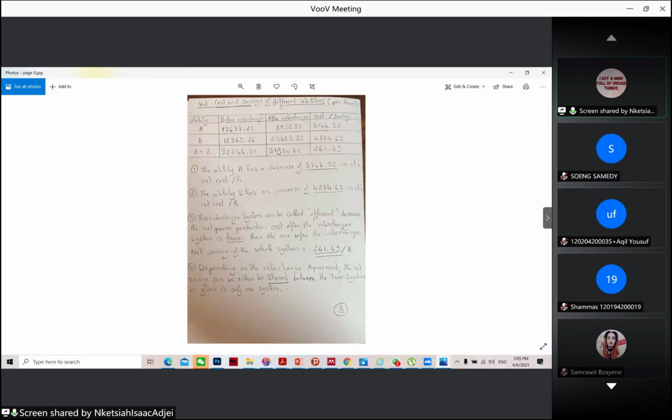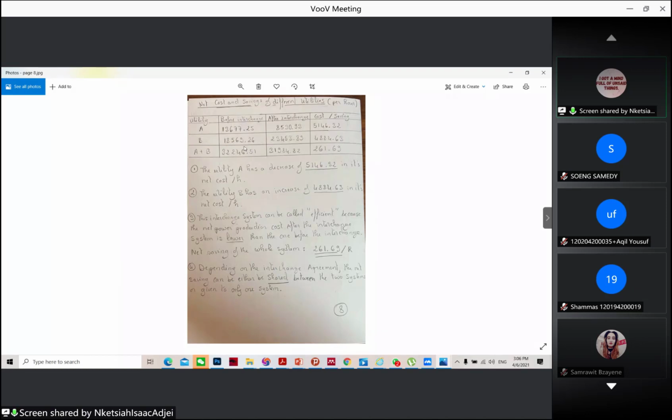Then looking at the cost, the net cost and savings of the different utilities. When you look at utility A and utility B, before interchange and after interchange: before interchange, we have 13,677.25 for A, and for B we had 18,569.26.